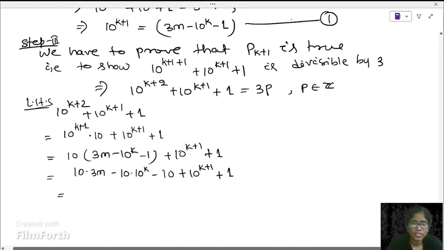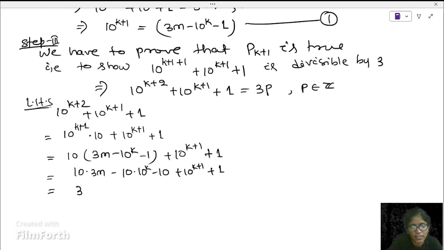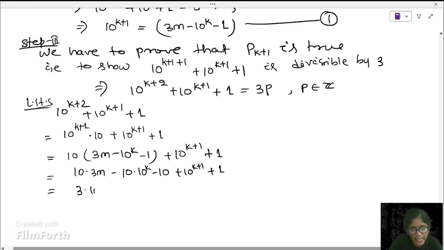Okay, which is equal to, taking 3, we can write 3 into 10m minus 10 to the power 1 plus k, that is 10 to the power k plus 1. Here minus 10 plus 1, which will be minus 9, plus 10 to the power k plus 1.